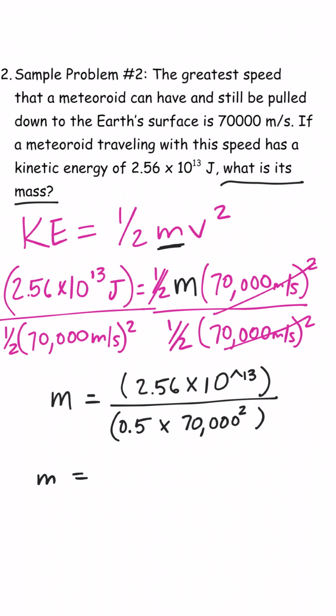All right, so I'm going to go ahead and start. Open parentheses, 2.56 times 10, up arrow, 13. Close parentheses. Divided by, open parentheses, 0.5 times 70,000 squared, close parentheses, and enter.